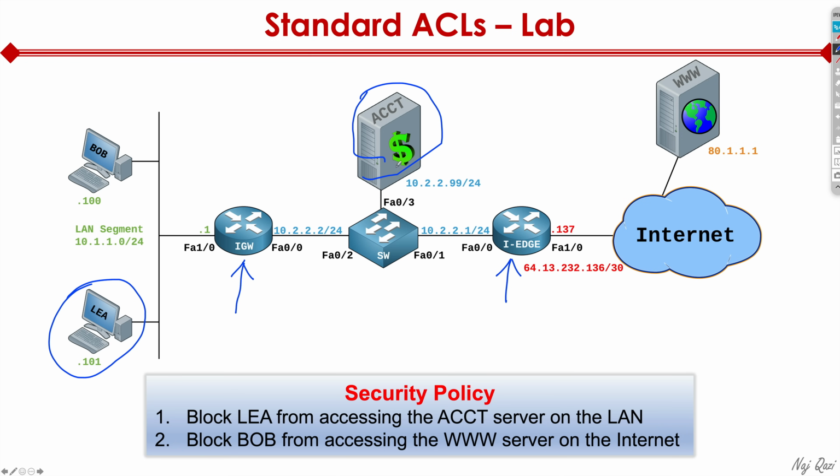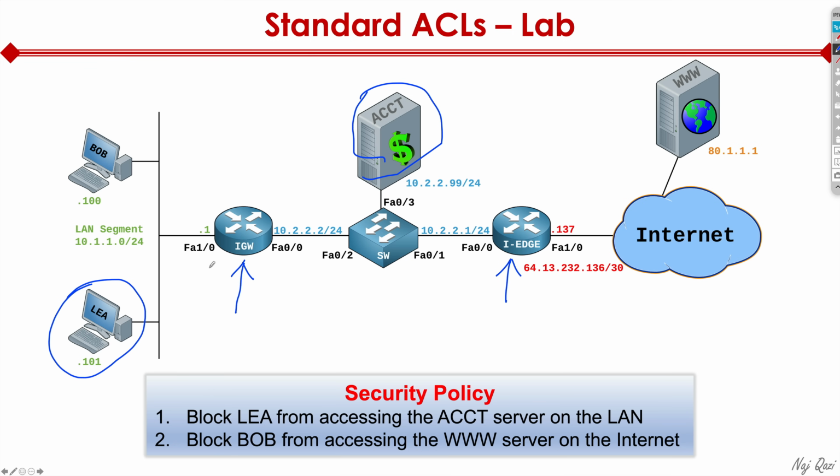Now, accounting server happens to be closer to the internal gateway. So what we'll do is we'll have to apply an ACL on the internal gateway router. And by the way, this is a layer 2 switch, so we can't apply ACLs here. Okay, just to clarify.